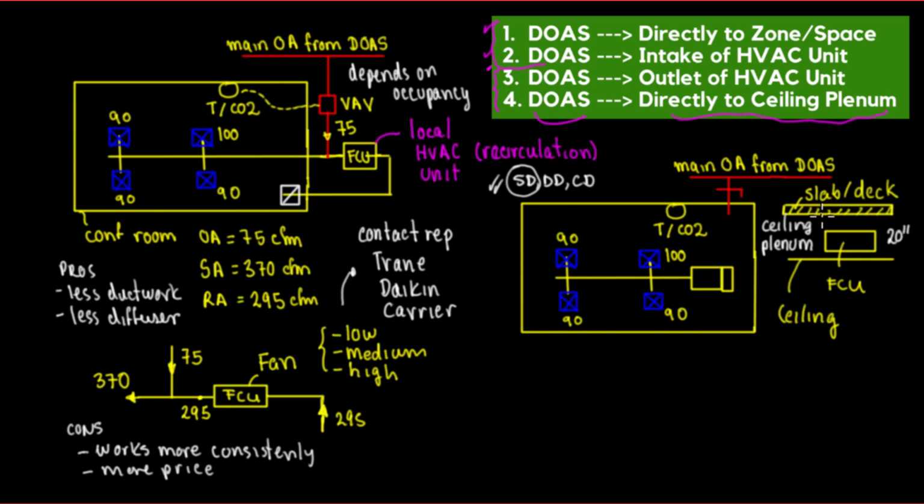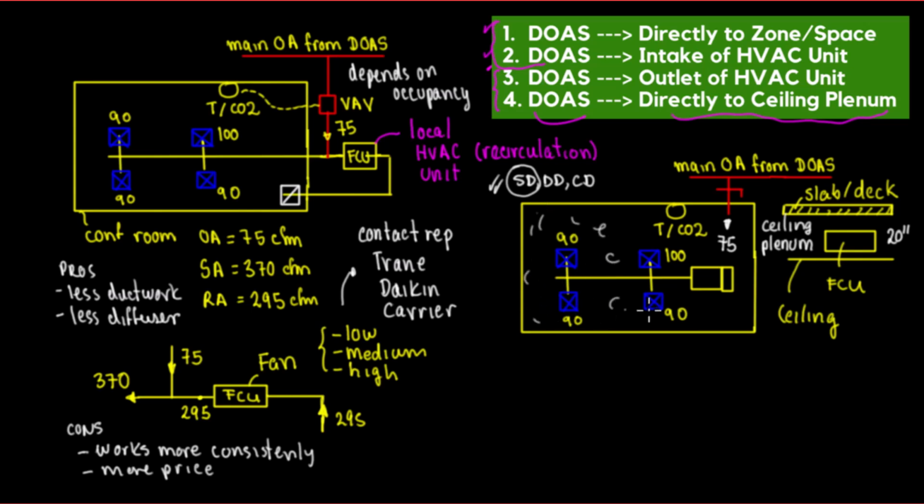All right, so this is the ceiling plenum, and whenever I'm saying directly to the ceiling plenum, see, my main outside air now, it's dumping all the air in here, so we're dumping all the 75 CFM directly to the plenum. So this plenum is pressurized, see, it's pressurized like this.